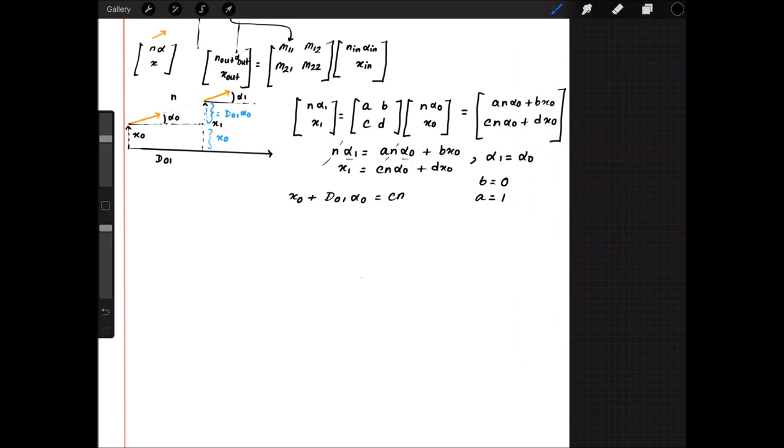So again, just by looking at it, d equals 1, and if you solve for c, alpha naught cancels out, and you get c equals d01 over n. So what is your matrix? Your matrix ABCD now becomes 1, 0, d01 over n, and 1. So that is your free space propagation matrix.